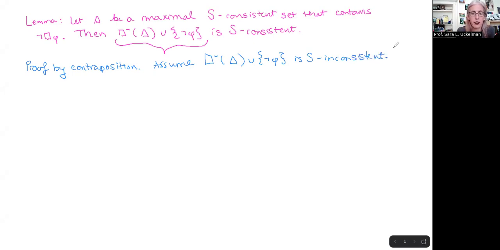Then, by definition of inconsistency, we know that there is a finite subset.